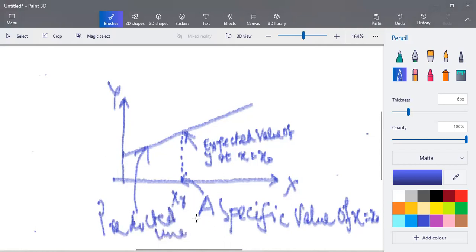So this line equation, what I had said, y is equal to beta 0 plus beta 1 x plus epsilon, right?